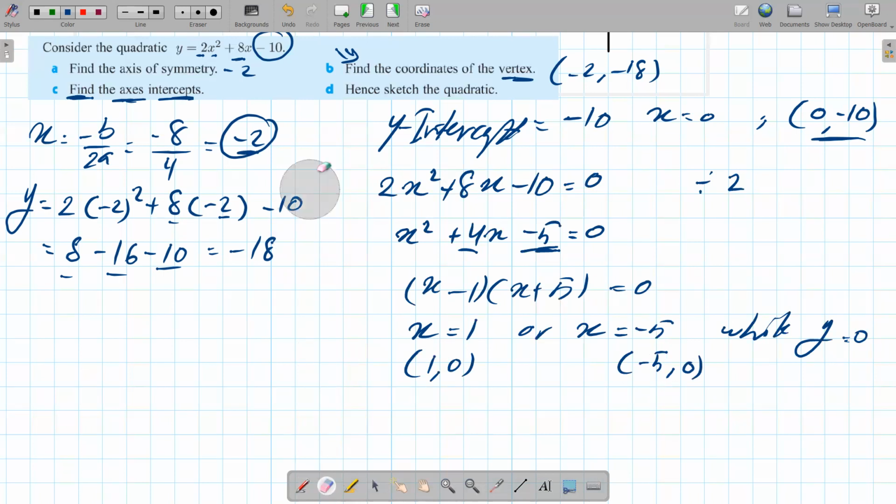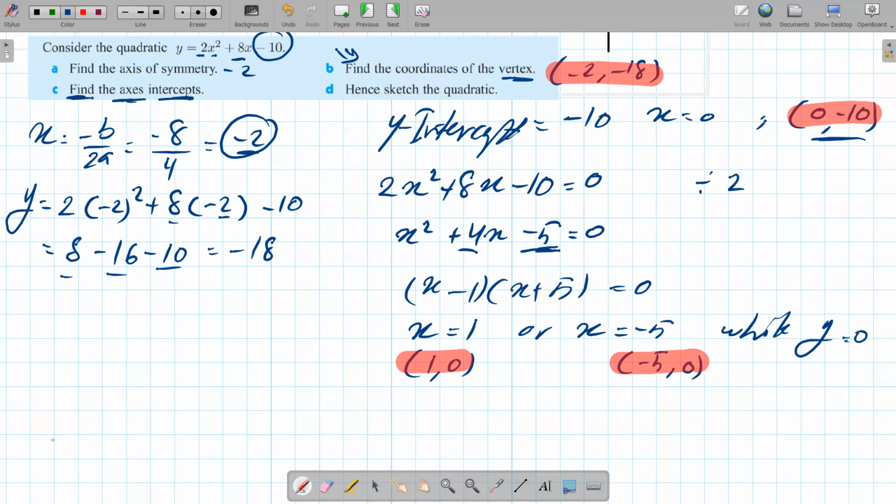Yes. I'll mention the most important points. The vertex, which is negative 2 and negative 18, and the y-intercept 0 and negative 10, and the x-intercepts 1 and 0 and negative 5 and 0. Use these 4 points to graph the parabola. Let me write them again here.